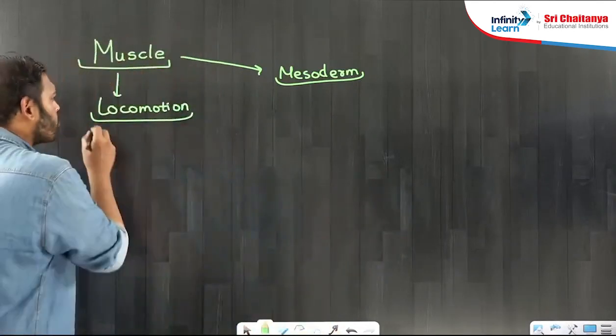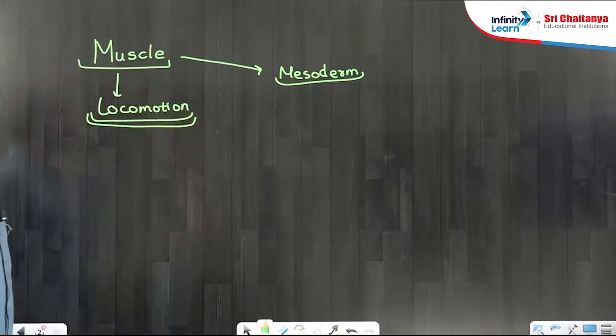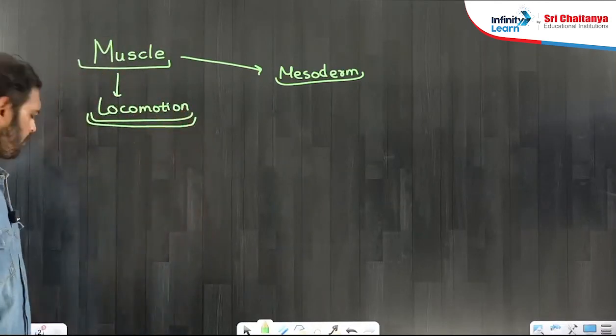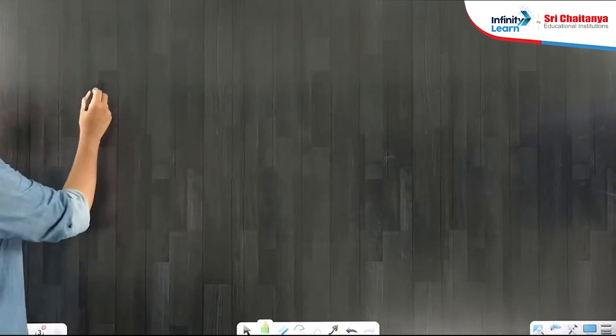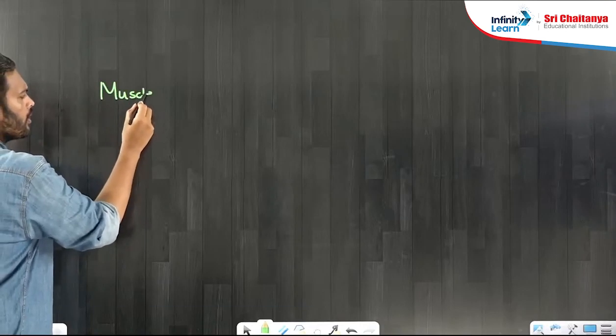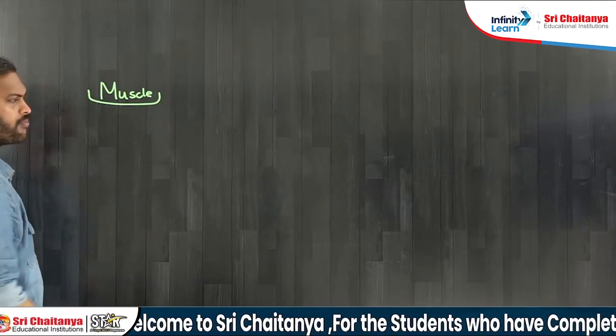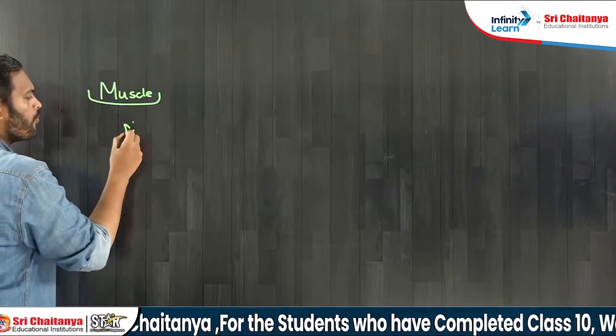Now, as you already know, muscle helps in locomotion. Guys, now my question is: does every muscle of your body, every muscle tissue, every muscle cell look exactly the same? No.